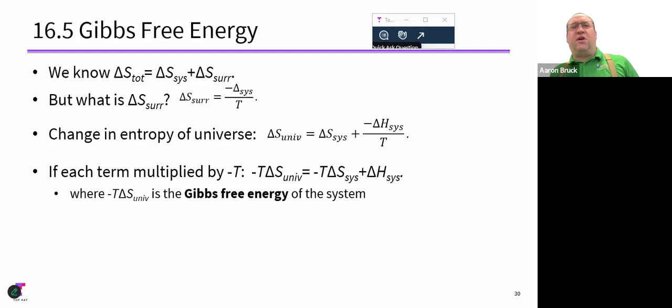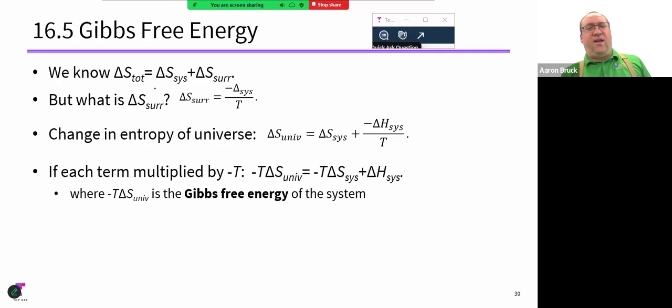So what we start with is, okay, how do I measure the entropy of the universe? Well, I can measure the entropy of the system, and I can measure the entropy of the surroundings. And if I put the two together, that is my entropy change overall. But we didn't really talk a whole lot yesterday about the entropy of surroundings.